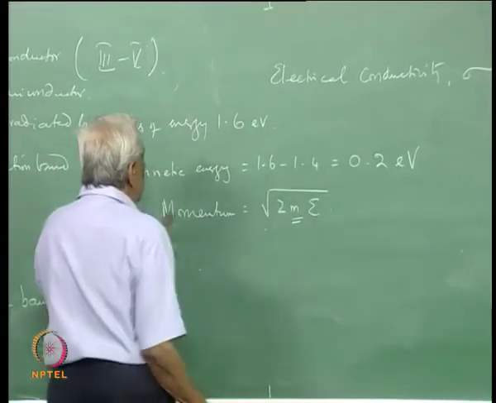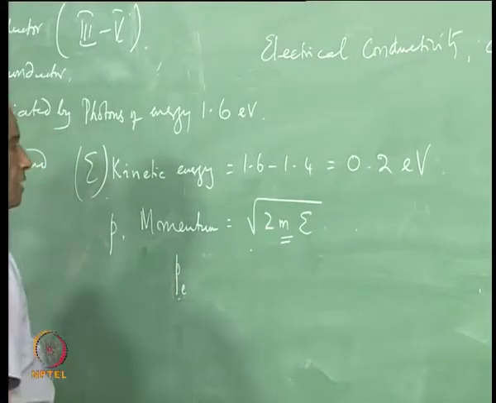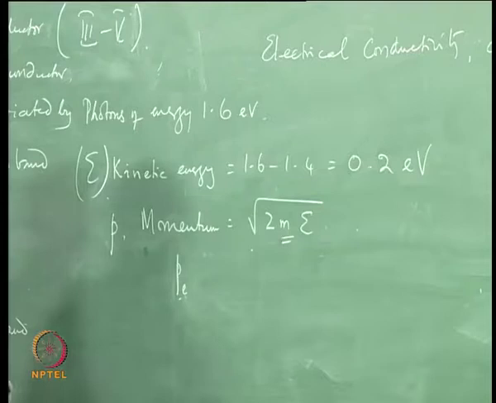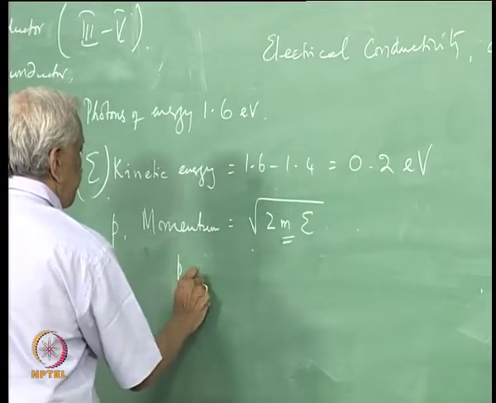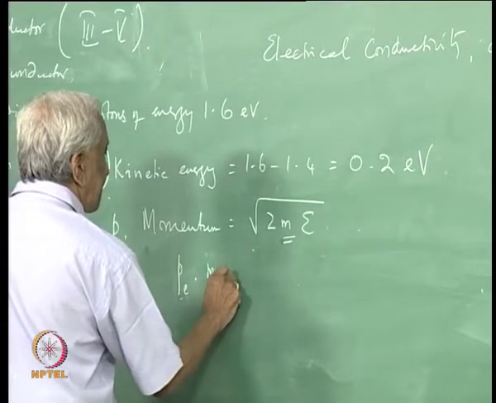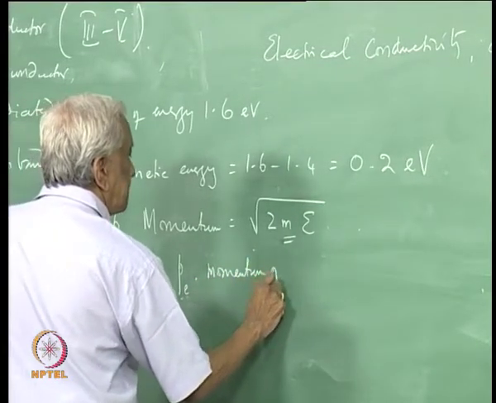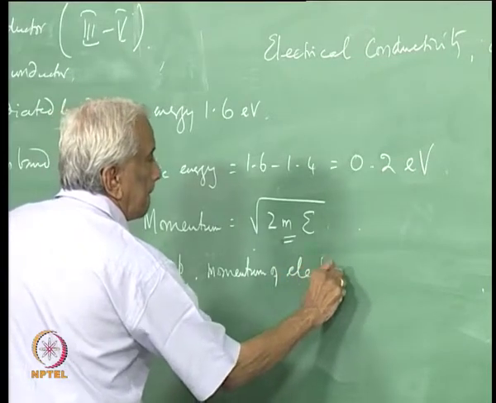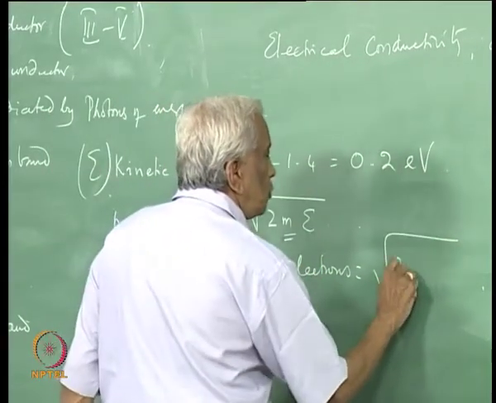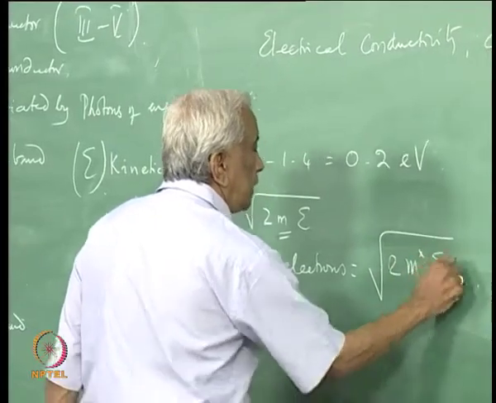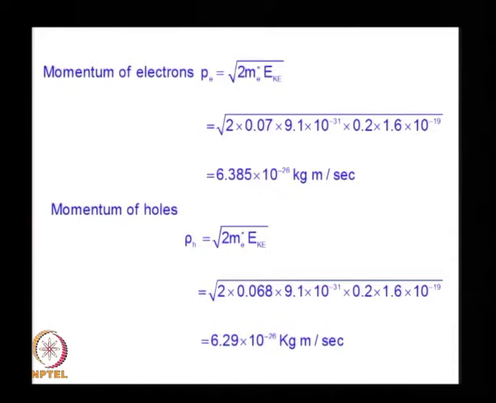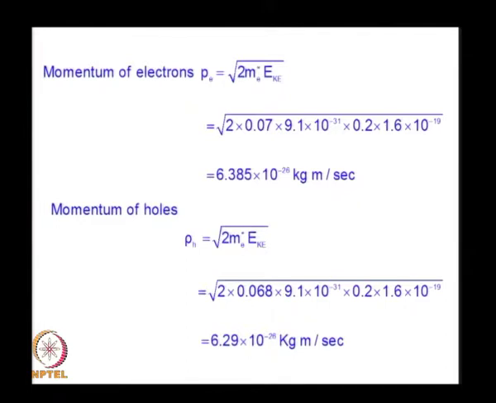So, the momentum will be different for the electrons and holes, because the effective masses are different. So, the momentum of the electron is root 2 m e star E. Substituting the effective mass of the electron, which is given as 0.07 times that of the free electron, we get the momentum as 6.385 into 10 to the power minus 26.